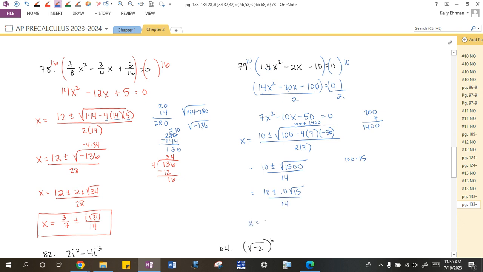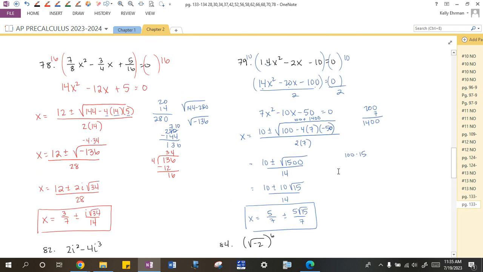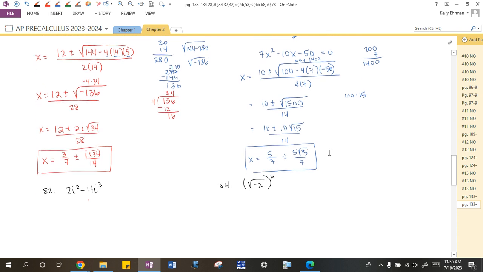And so x is equal to 5/7 plus or minus 5 radical 15 over 7. I'll need to double check that answer unless I've made a mistake somewhere here. The answer that I got had an i in it, but I'll need to check that. Double check, and then I'll put the correct version in my posted key. I think this one's right.